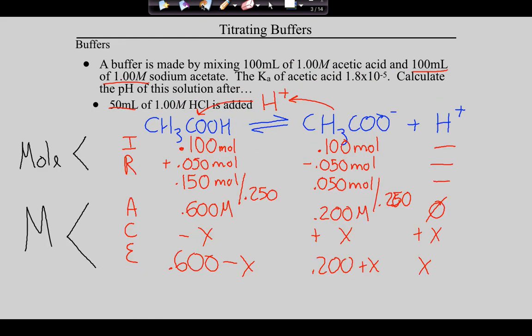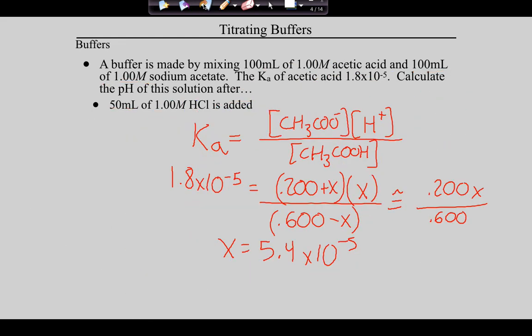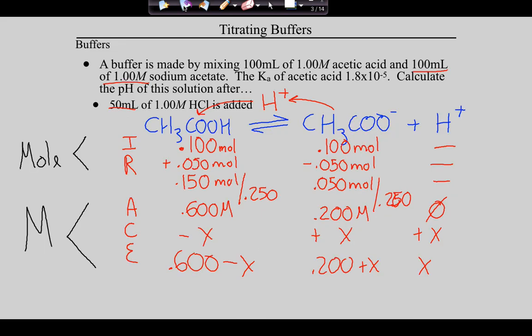Well, you would take this number, 5.4 times 10 to the negative fifth, and you would plug it in for x. So 0.6 minus that would give you that one. 0.2 plus that would give you that one, and then it is that. But you need to show that math where you're saying the concentration of acetic acid, 0.6 minus, show that work. So guys, again, that's not what's asked for here, but if that was the case, you need to show those calculations.